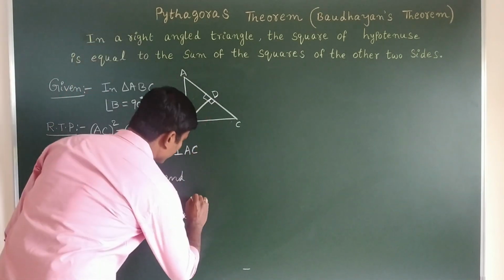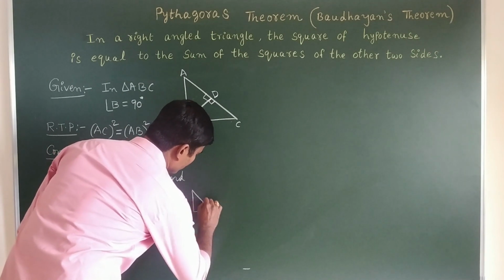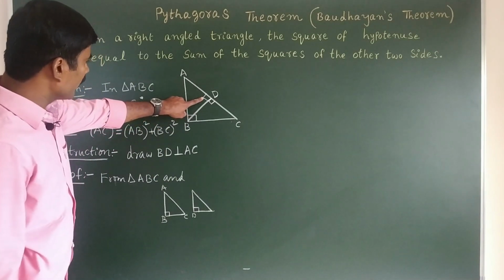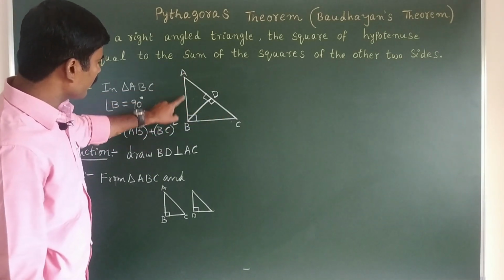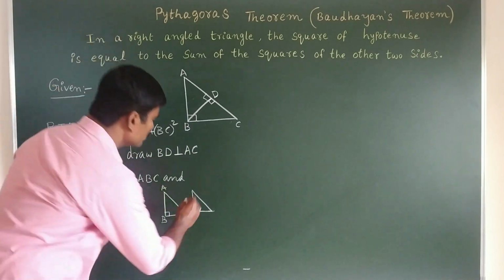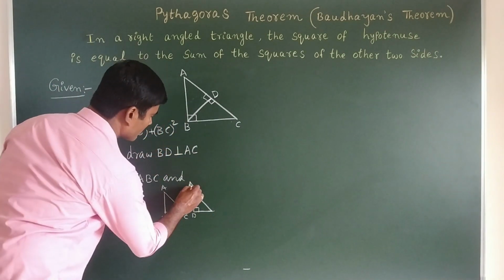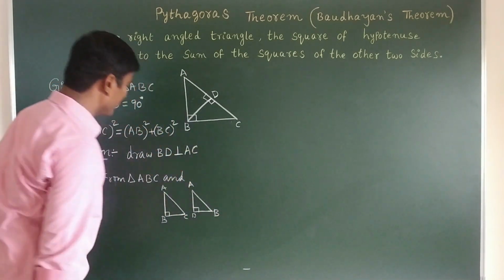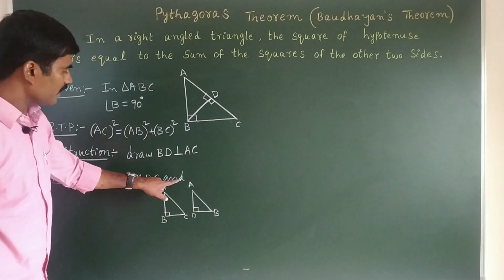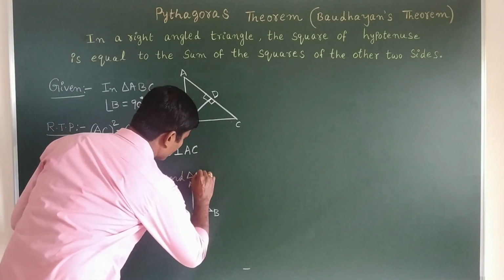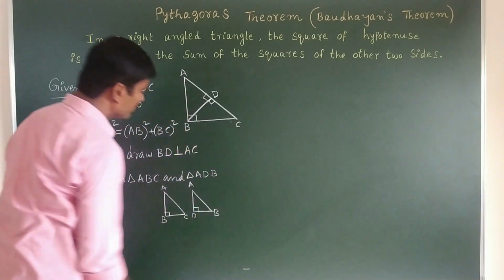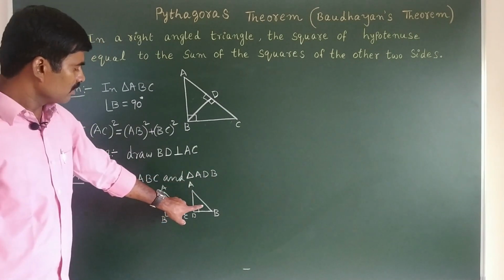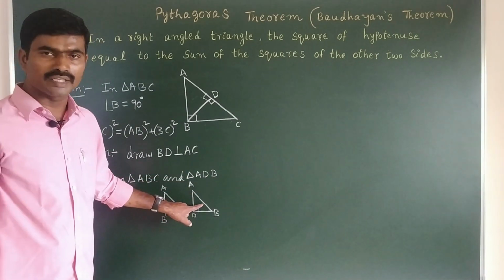In this triangle, D is 90 degrees, so keep D. In triangle ABC and triangle ABD, angle A is common, so keep A here. And the remaining vertex is B. So write in order, from triangle ABC and triangle ADB. The order is important. So we have to write in order, comparing the rough diagrams of ABC and ADB.